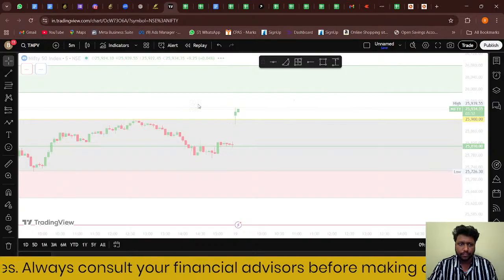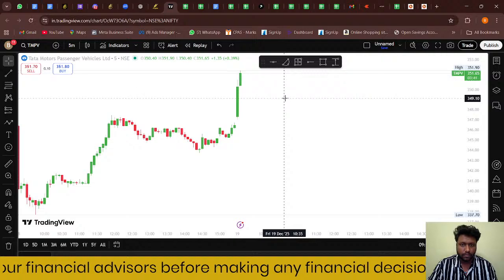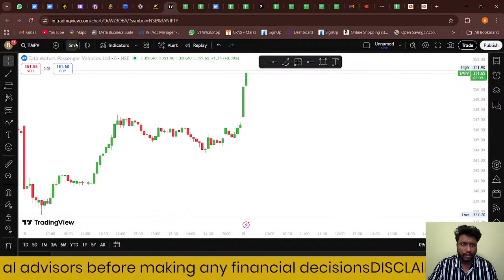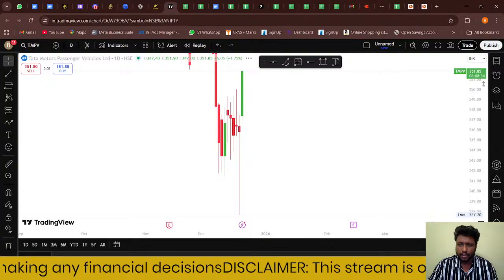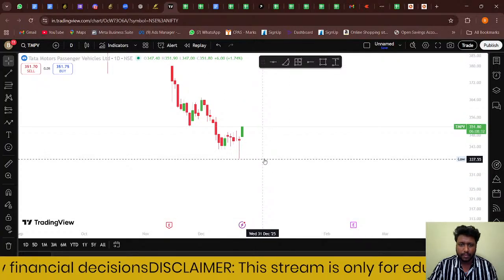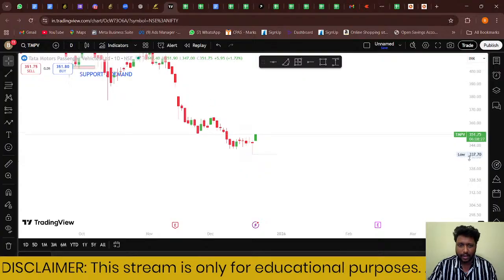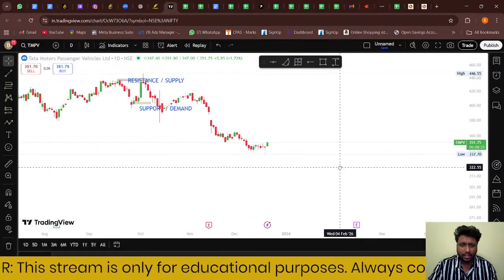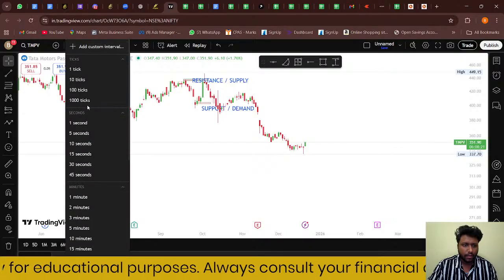Oh, Tata Motors is having a very good run from the past few days. If you see, it may mark a lower low here and again reverse.